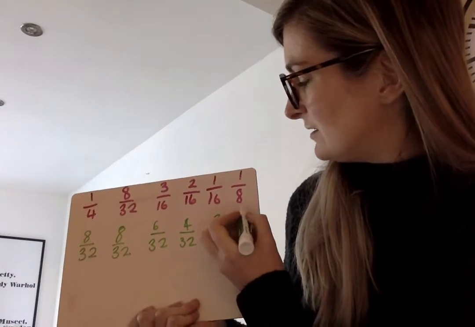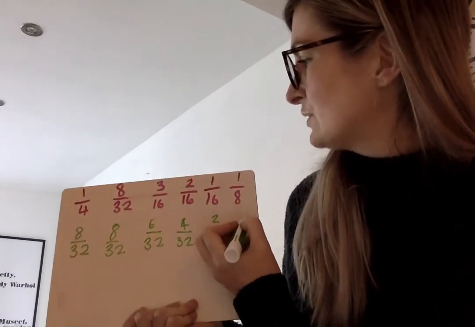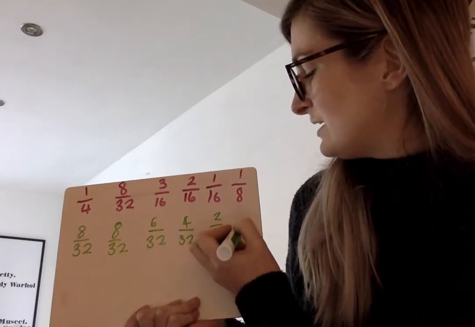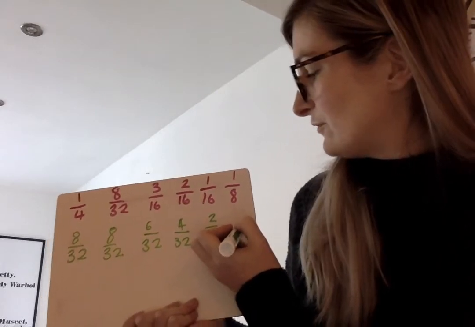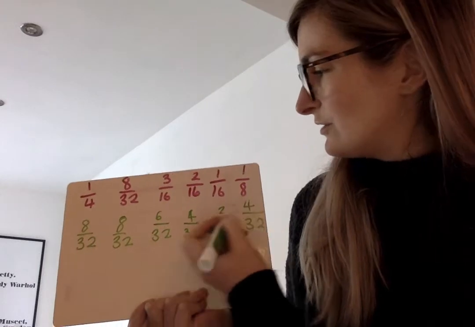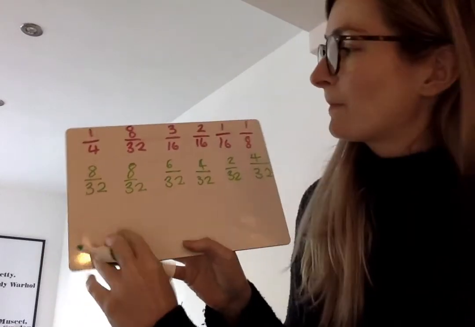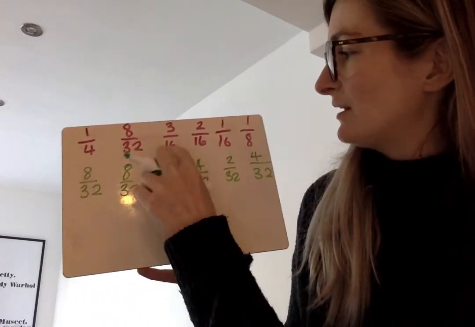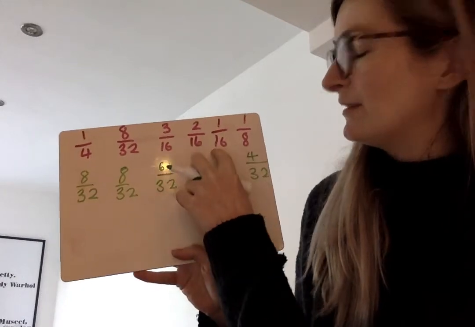Almost amazingly, are they all in order already? 1/8 in 32s, 8 into 32 is times 4, so that's 4/32s. So if I was putting these in order, these two would go first, and then this one, and then these two, and then this one.